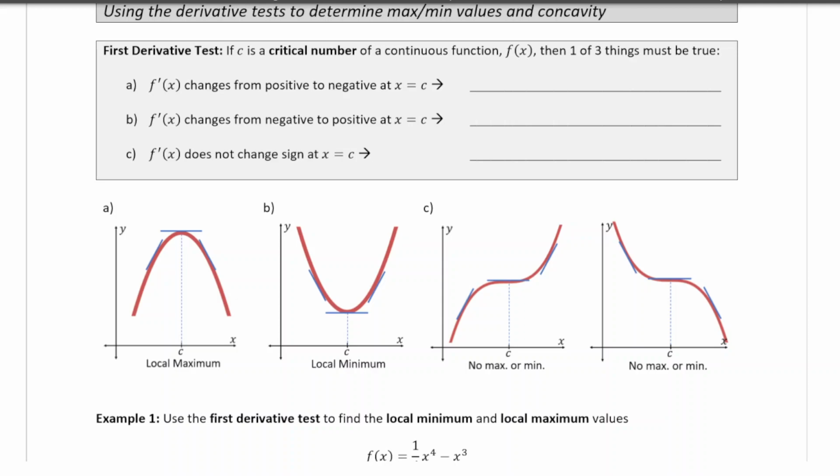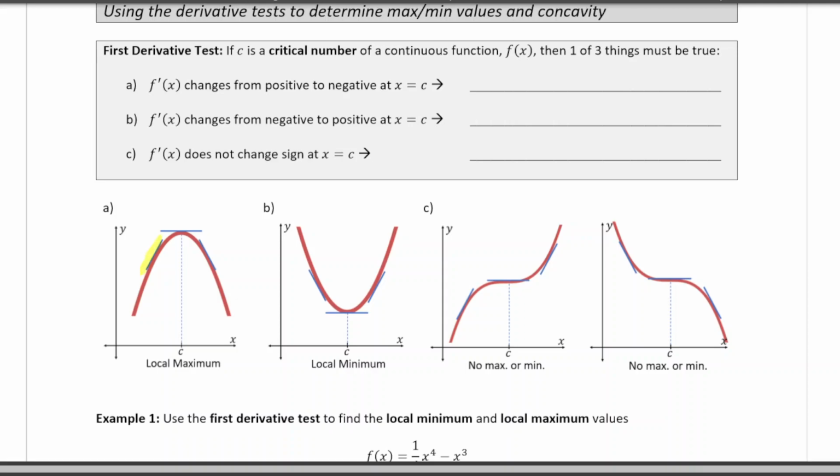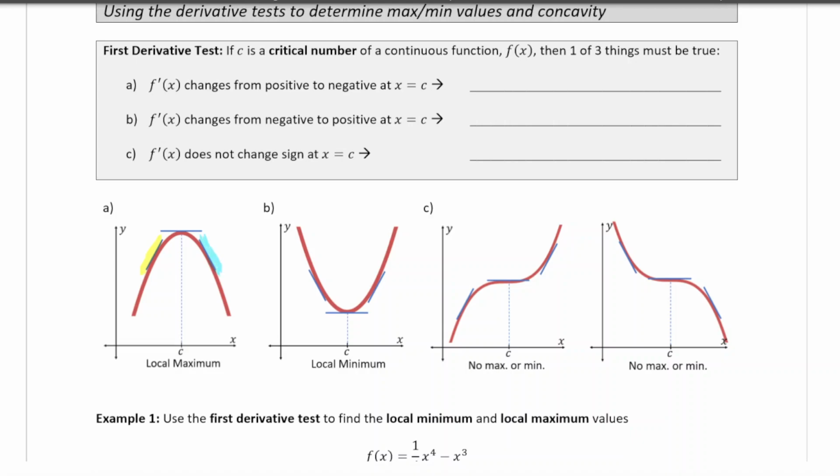We see that we have a local maximum at x equals c, but let's look at the derivatives on either side of that maximum. Leading up on the left side of that maximum, we see that the graph is increasing. There is a positive slope in that region. And then on the other side, there's a negative slope.